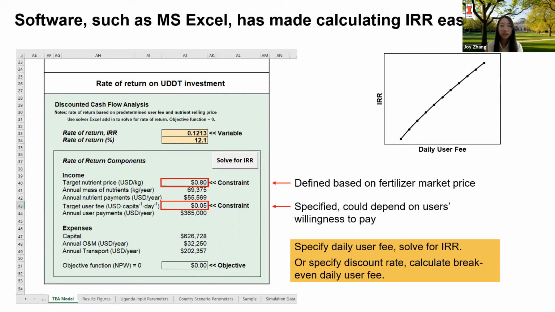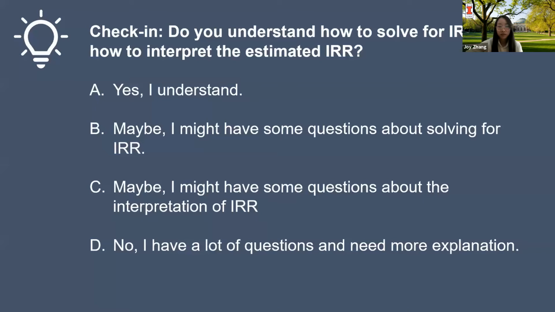And the relation between these 2 values and the IRR it solves is generally positively correlated, because these 2 are both generating positive streams of cash flow. And if we set a higher target daily user fee, we will generally get a higher IRR. Next, please.